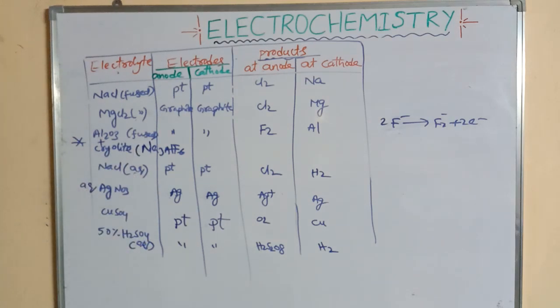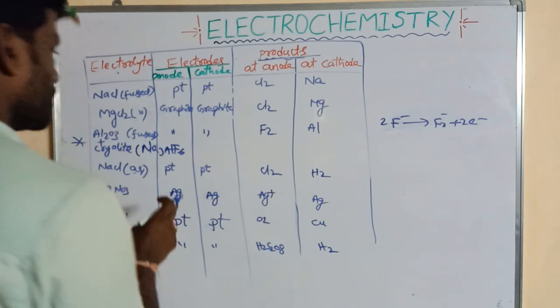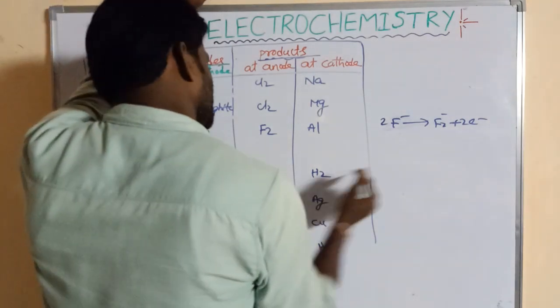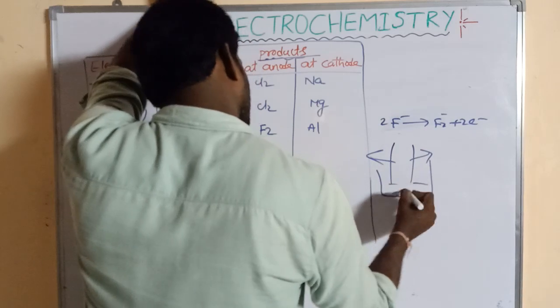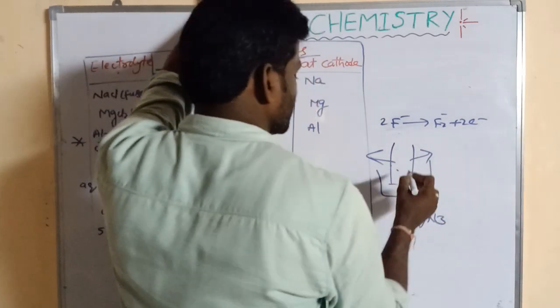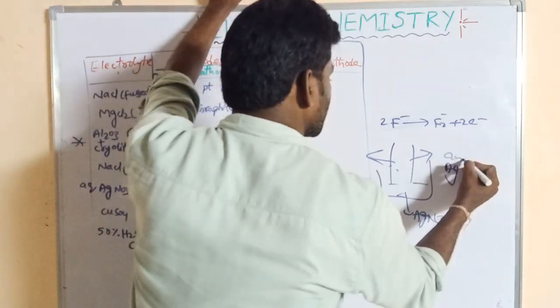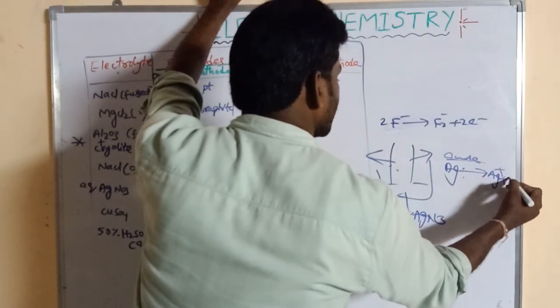And aqueous AgNO3 at silver electrodes, one electrode undergoes oxidation. So here two Ag electrodes can be taken, and the electrolyte is also AgNO3. In this case, this is the special case. Here the silver anode undergoes oxidation: Ag gives Ag plus and 1 electron.